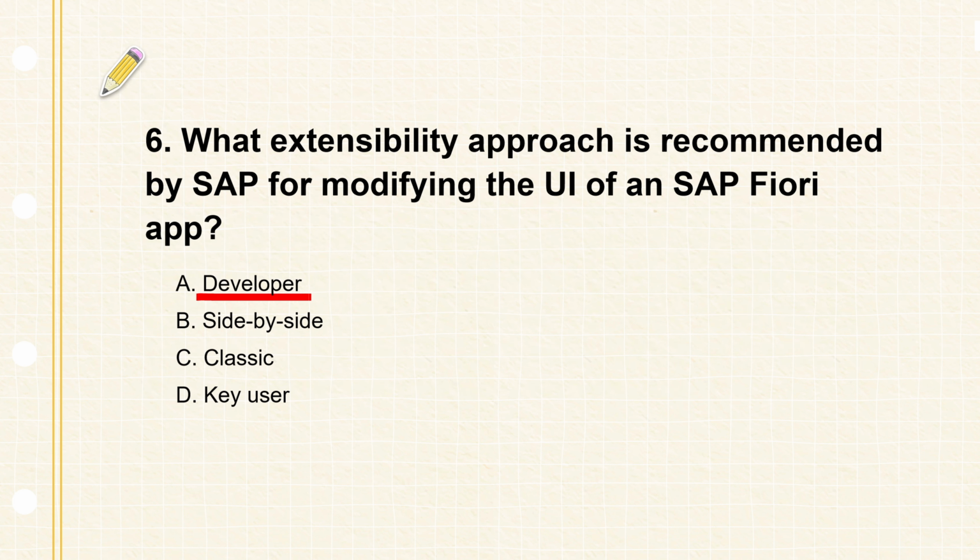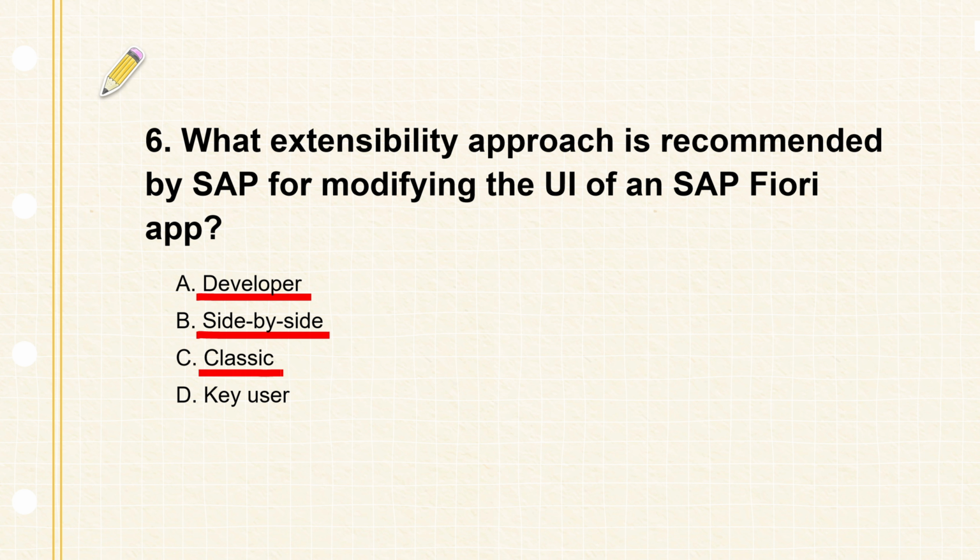Incorrect. Developer extensibility usually refers to coding, which isn't typically recommended as the primary method for modifying the UI. Incorrect but close. This approach uses extension apps on SAP BTP to add or override functionality without modifying the original app.